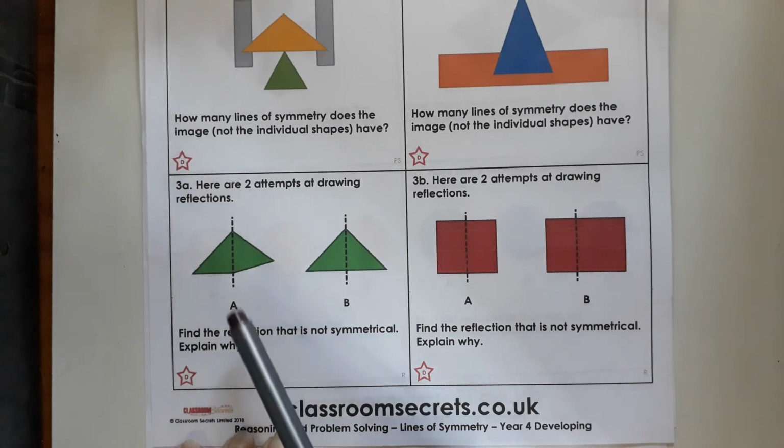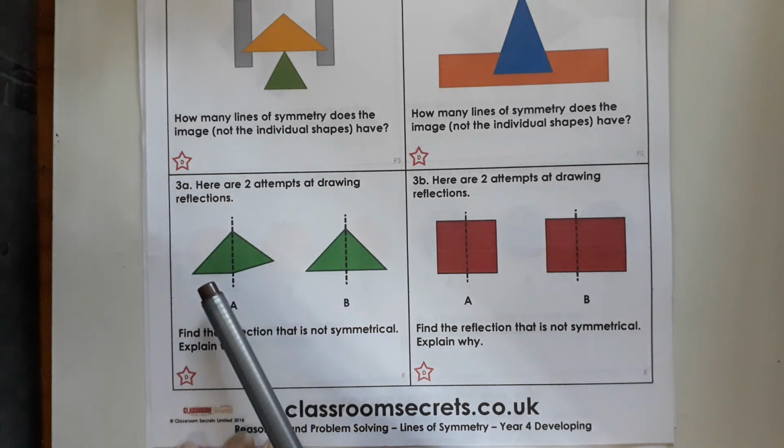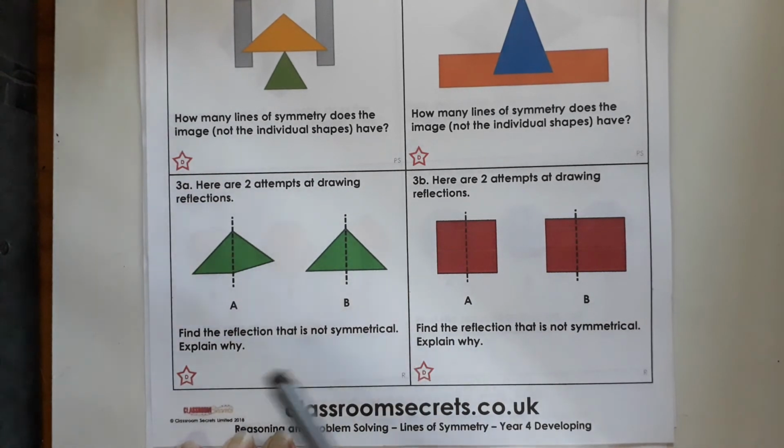It says here are 2 attempts at drawing reflections. Because these are reflective lines of symmetry, a reflection will be the same on both sides. Find the reflection that is not symmetrical and explain why.